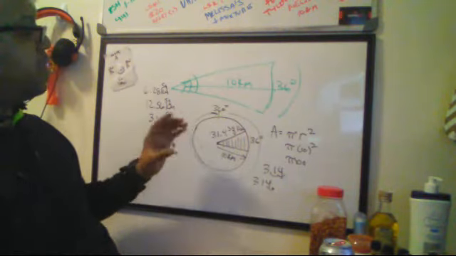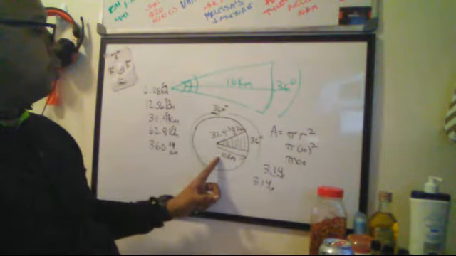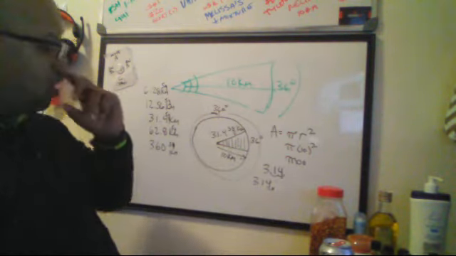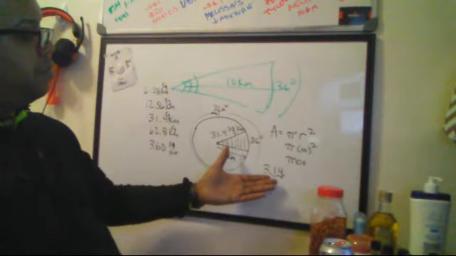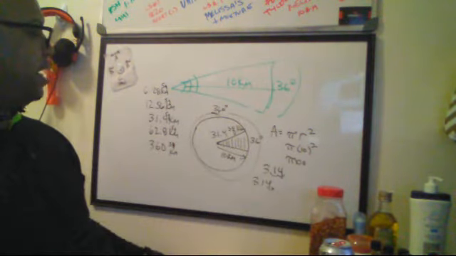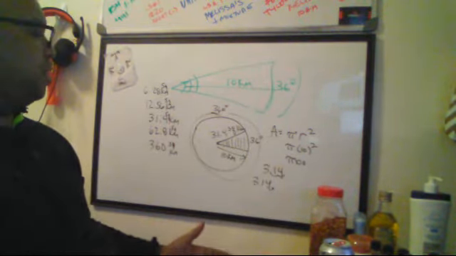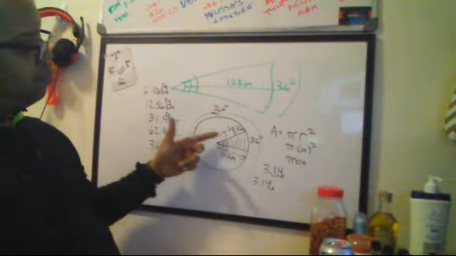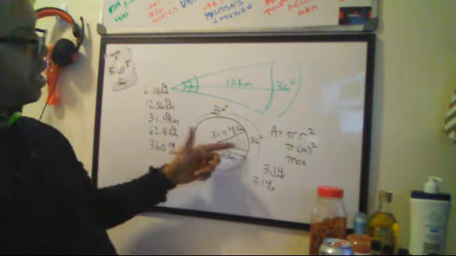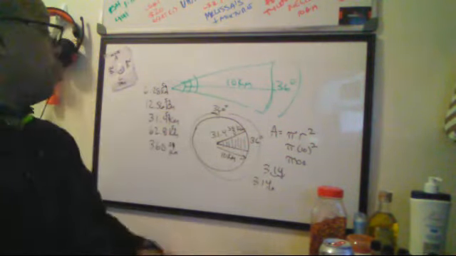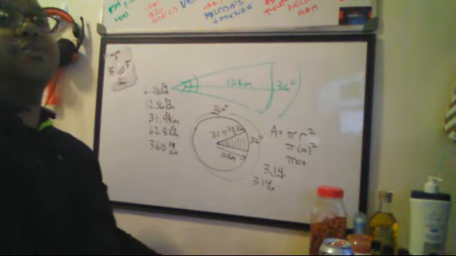So we calculated the area of the entire circle with a radius of 10 kilometers. After we came to the conclusion that the whole area is 314, we just divided by 10, or found 10% of the circle, which is this shaded area, 10 kilometers at 36 degrees. So our answer is 31.4 square kilometers.